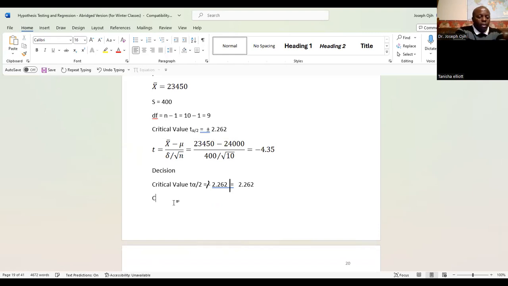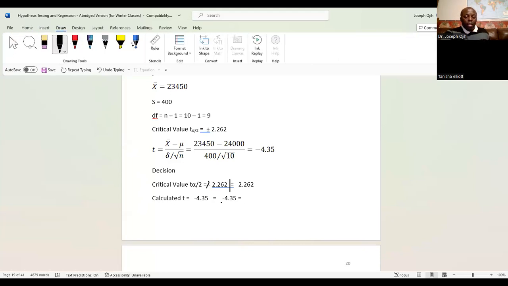Calculated T equals negative 4.35, and we take the absolute value of that, which is also 4.35.